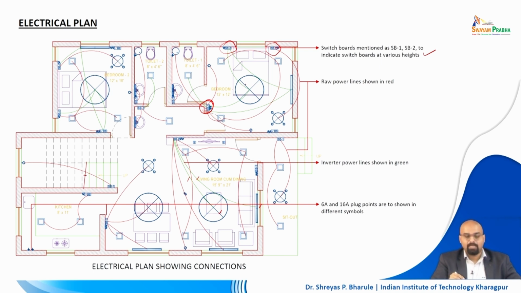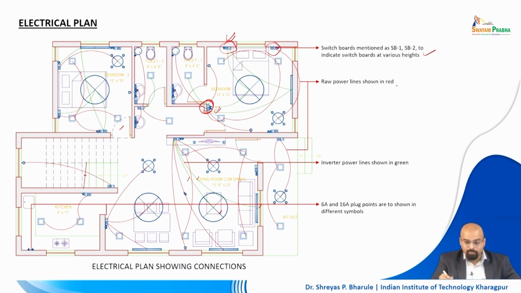So you can turn this on either from this particular place, or from this particular place, depending on your position in the room, right. Likewise, bedroom 2 also has similar connections, wherein at least the fan and the tube light are operated from two different switchboards and the main switchboard as well, right. So this is the general layout.